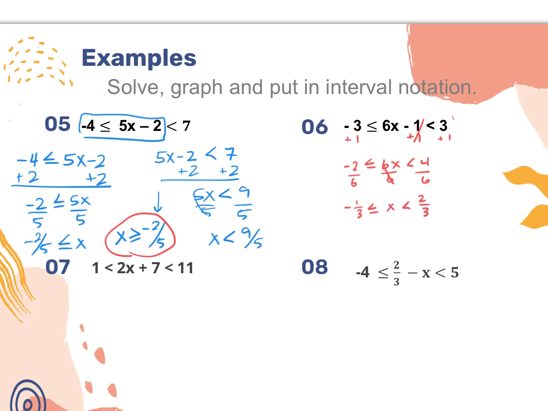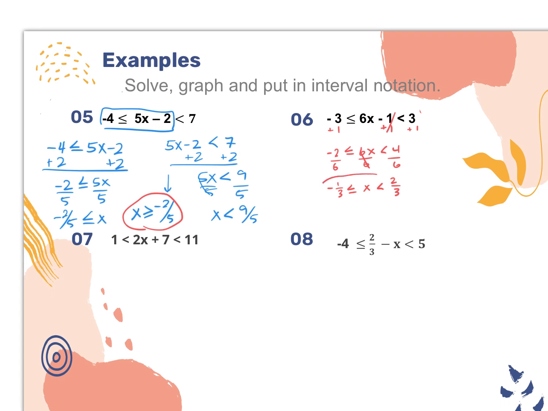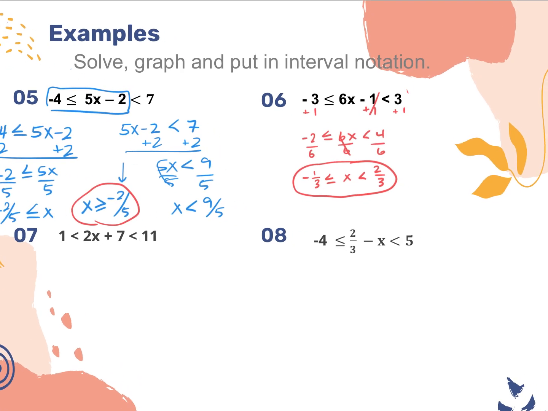So now I already have my answer. This is my solution. X is between these two numbers. It's in a cleaner format, and it's easier to graph. It's easier to do everything from here. So notice I've got negative 1/3 here and 2/3 here.